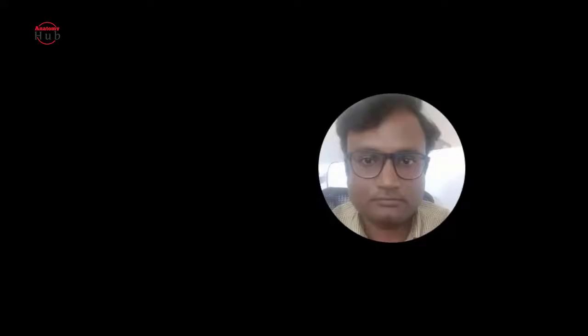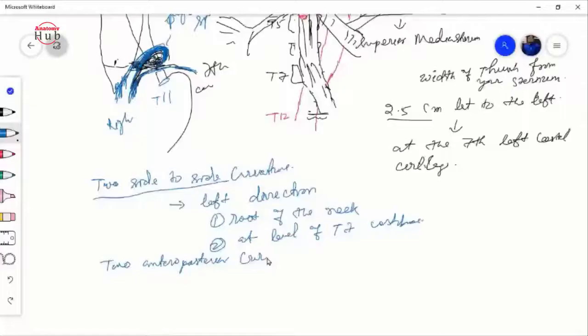Antero-posterior curvature. Okay, what are they? First, it corresponds to the curvature of your cervical spine. Anteriorly means you'll find the body over here.